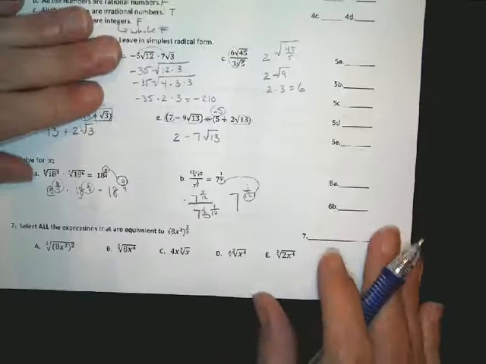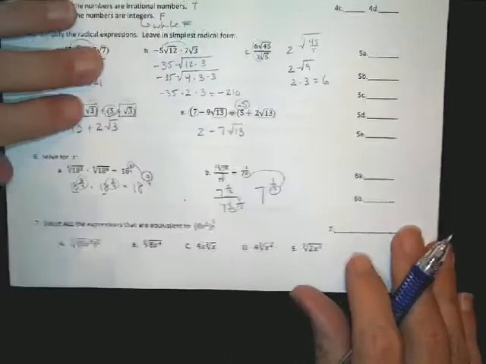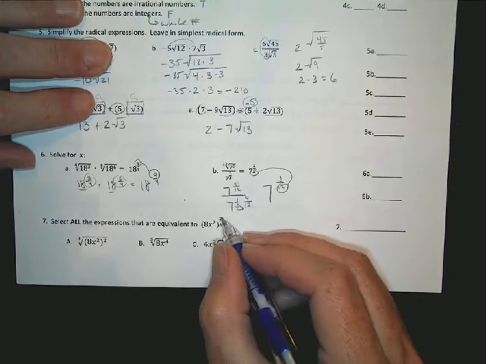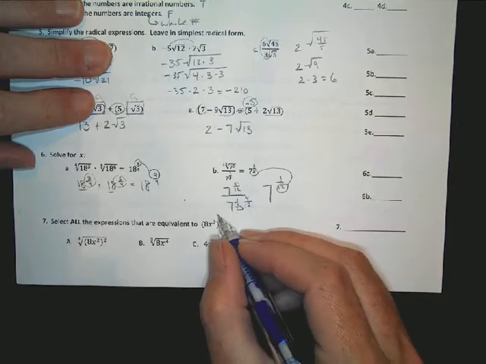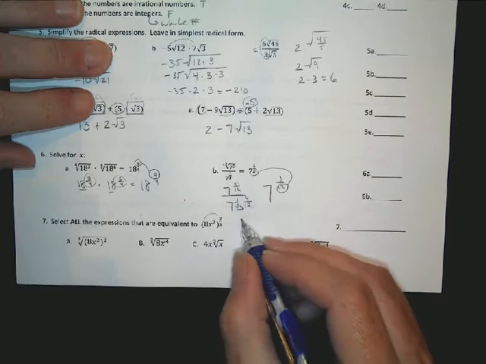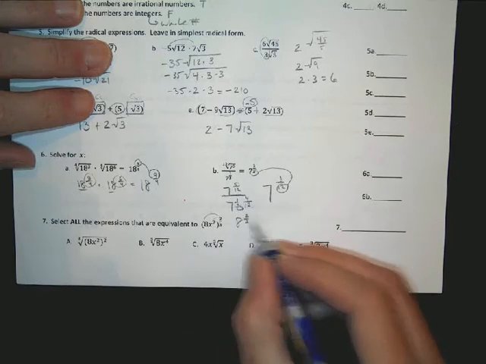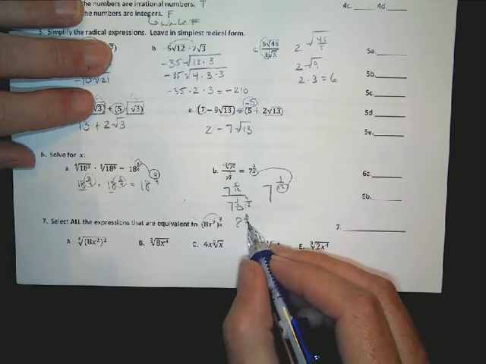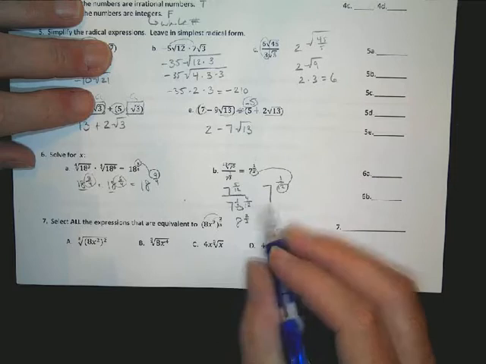Select all the expressions that are equivalent to this. Alright, let's take a look at this. First thing I want to do is I need to go ahead and distribute the 2/3 to all the other pieces. So 8 to 2/3 is, I can look and think, what's the cube root of 8?